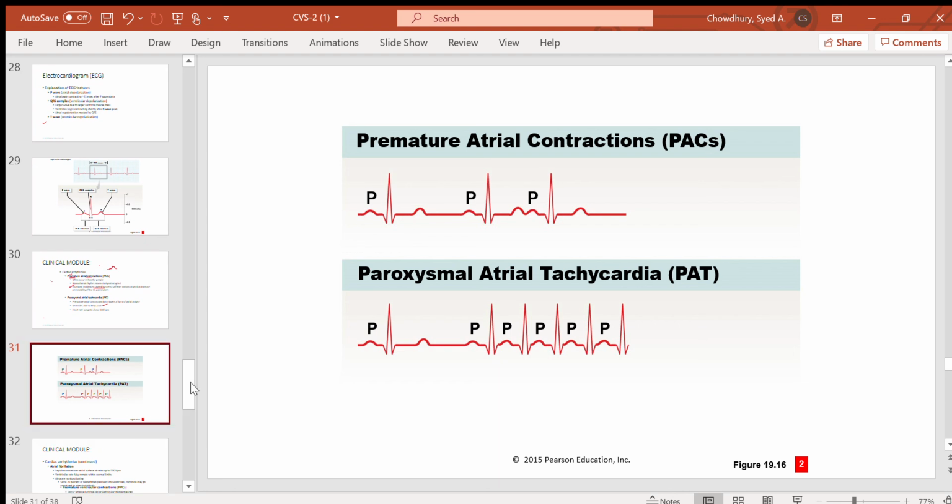Here you see the heartbeat, then this part is tachycardia, pretty fast. This is normal, and this is premature atrial contraction. Here you see this is P, right? Normal atrial contraction, but before that, another contraction before the actual one. So it's a premature atrial contraction. And tachycardia, of course, you know, after the first heartbeat.